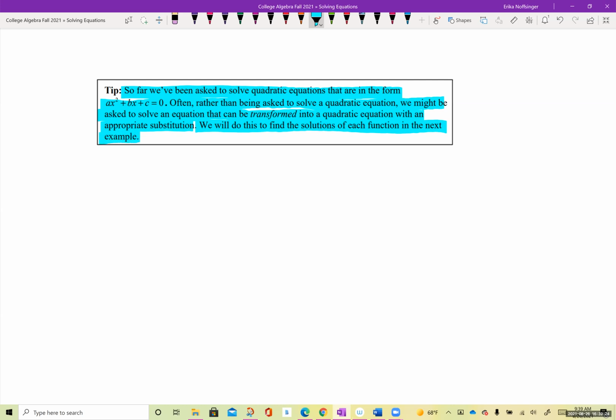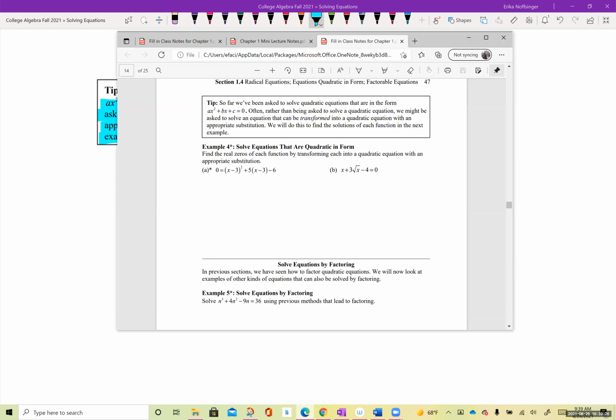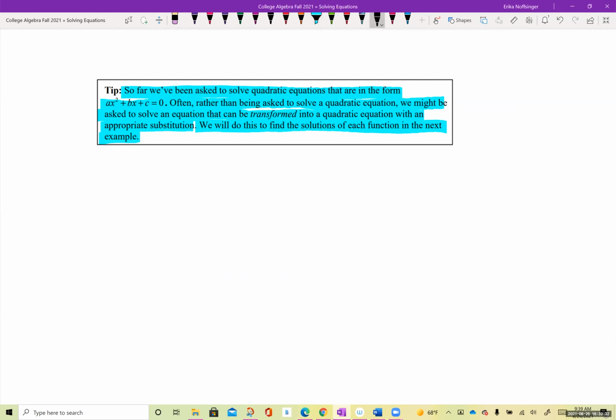And so let's pull in an example. So our next example, we have the following. We have (x minus 3) quantity squared plus 5 times (x minus 3) minus 6 equals 0.